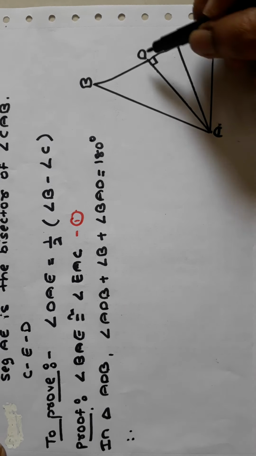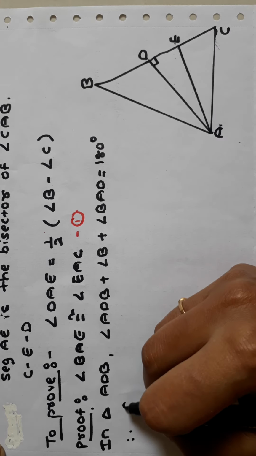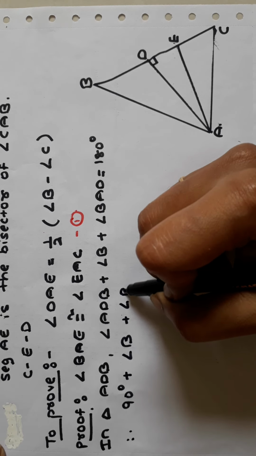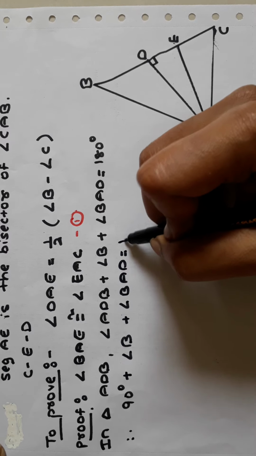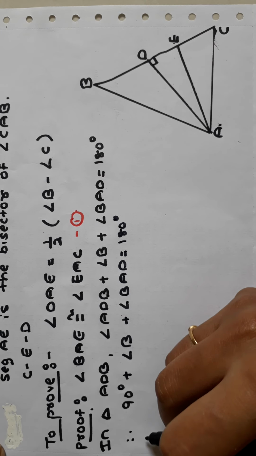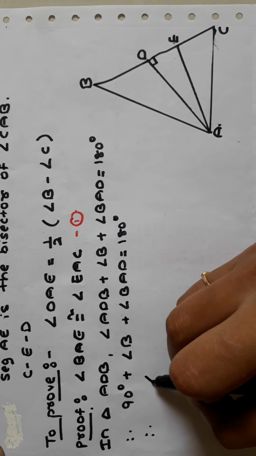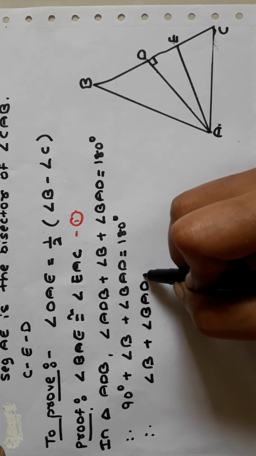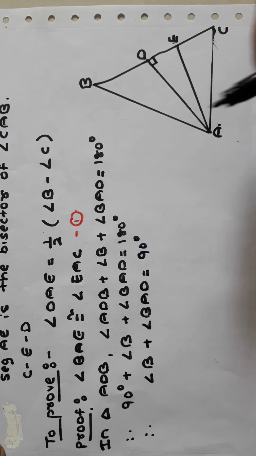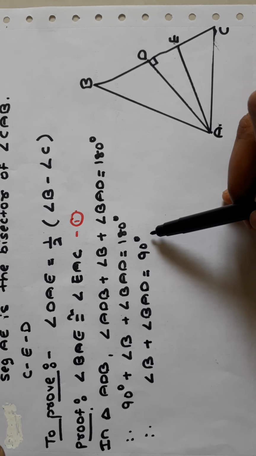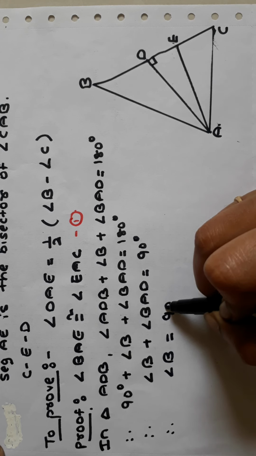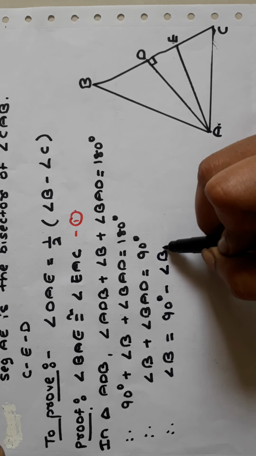But ADB is 90. And therefore, angle B plus angle BAD is equal to 90 degrees because 180 minus 90 is 90. And therefore, angle B is 90 degrees minus angle BAD.